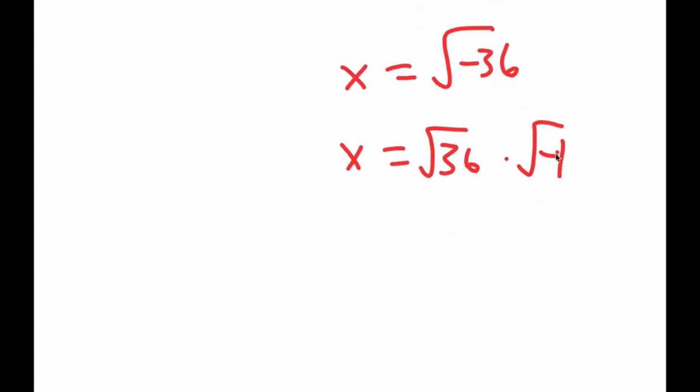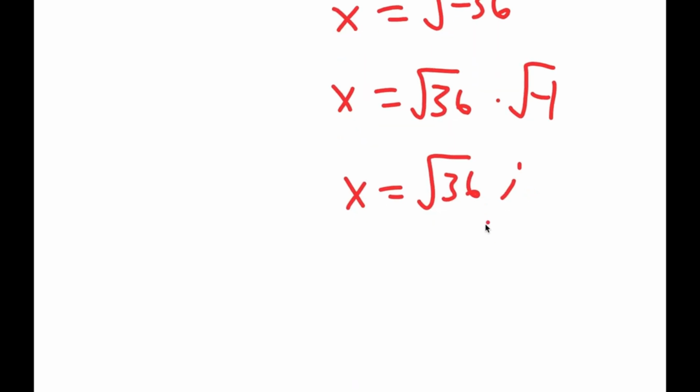Now the square root of negative 1 is the same thing as i, so I get x is equal to the square root of 36 i. And the square root of 36 is the same thing as positive or negative 6. So I get x is equal to positive or negative 6i.